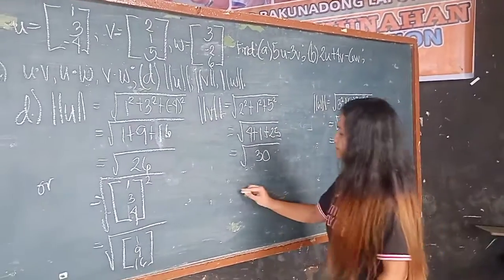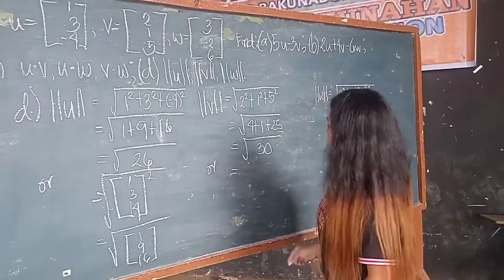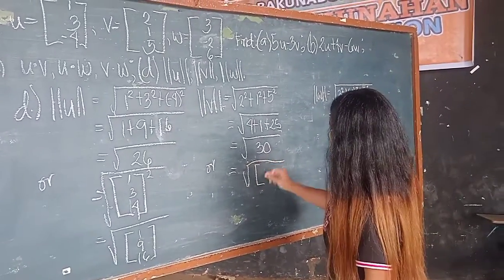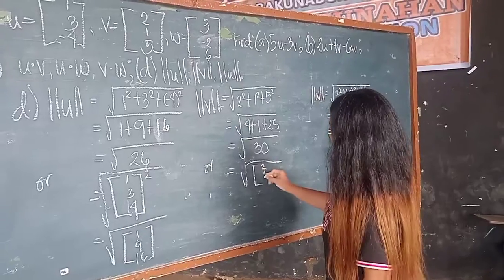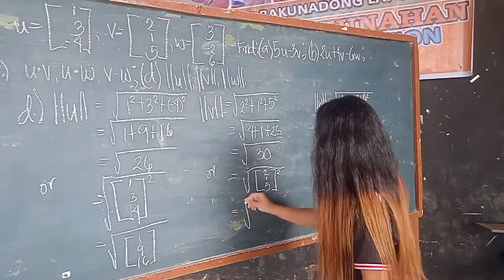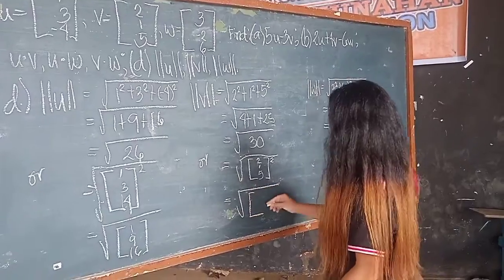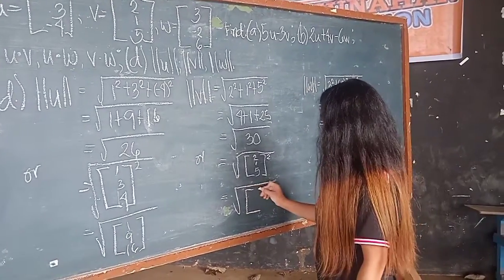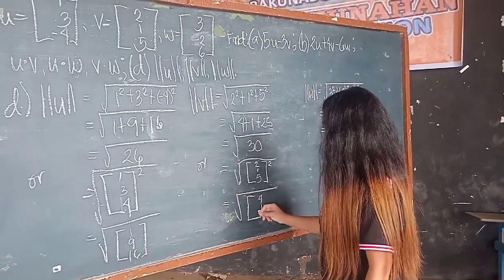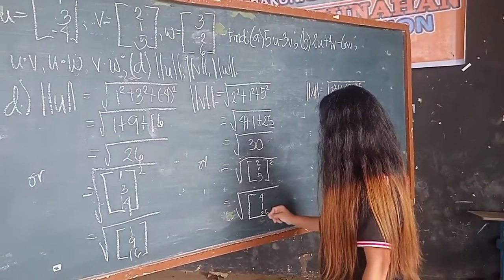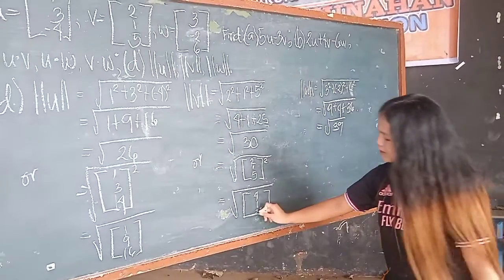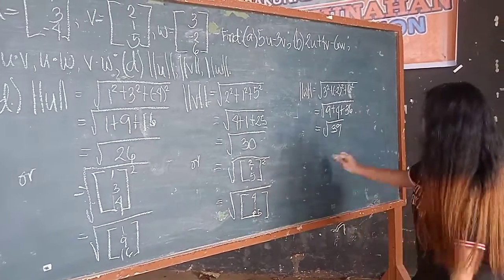For letter B, it becomes the square root of the matrix 2, 1, 5 raised to the power of 2. The answer is 2 squared equals 4, 1 squared equals 1, and 5 squared equals 25, so the matrix is 4, 1, 25.